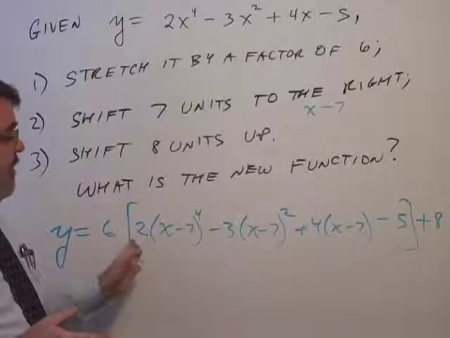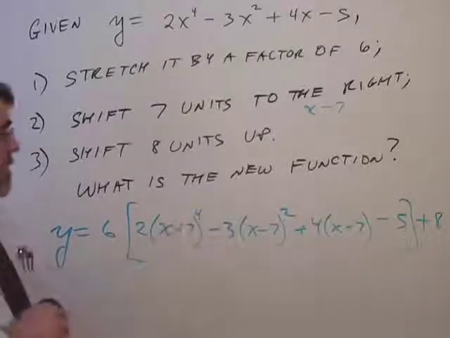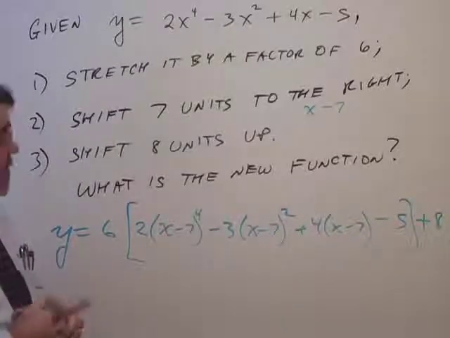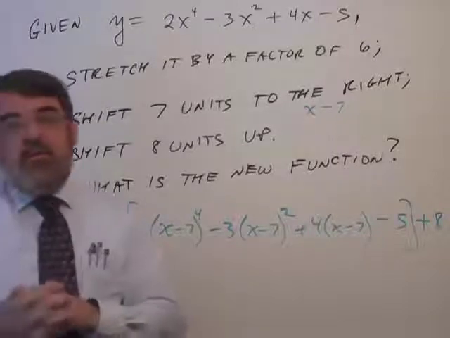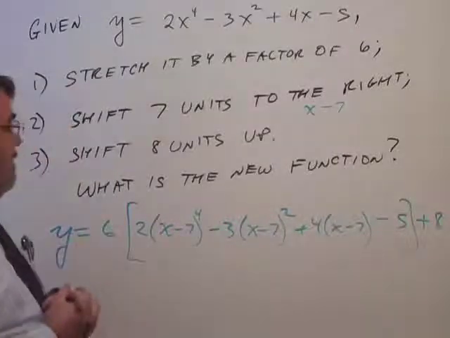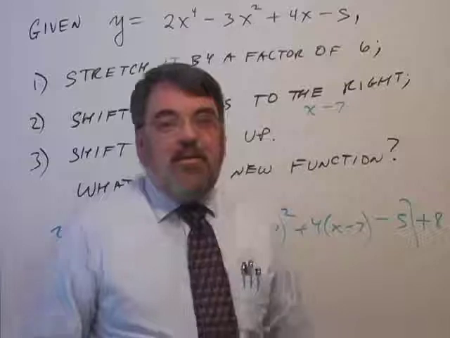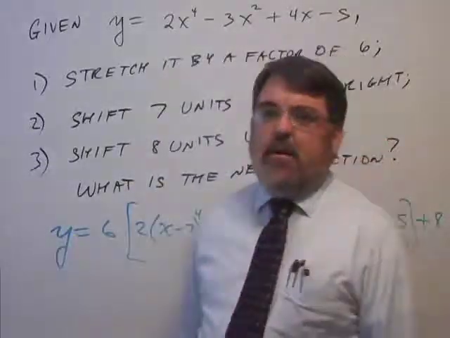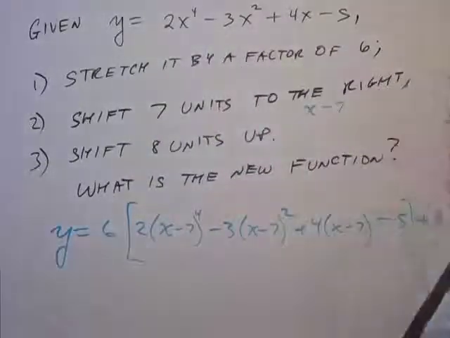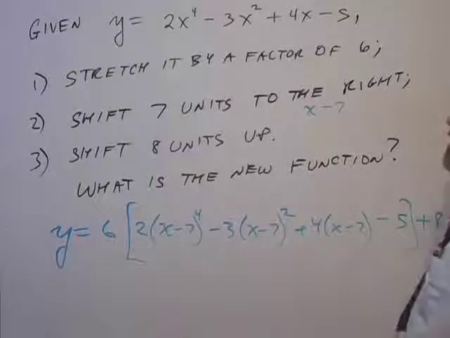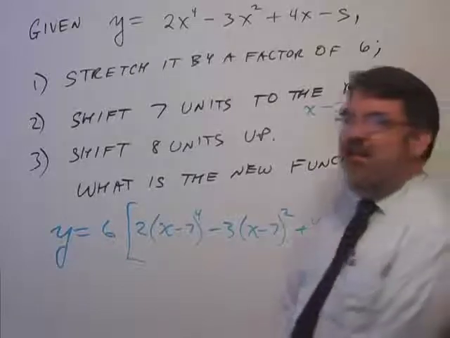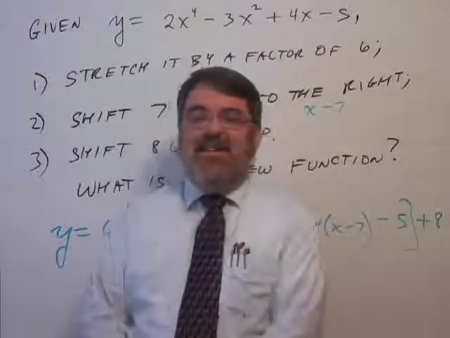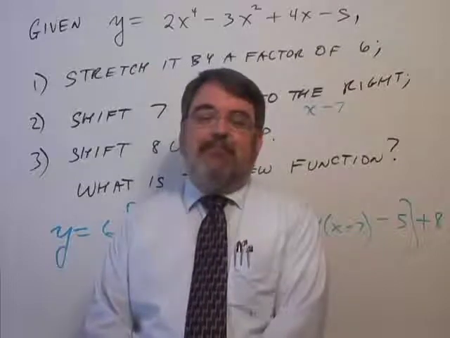However, if this was all multiplied out, it would be a very long process. You would get very large numbers, and you wouldn't be able to recognize any of those transformations either. So it would be very counterproductive to multiply that out. There's kind of an exception to the simplifying we normally do in algebra.